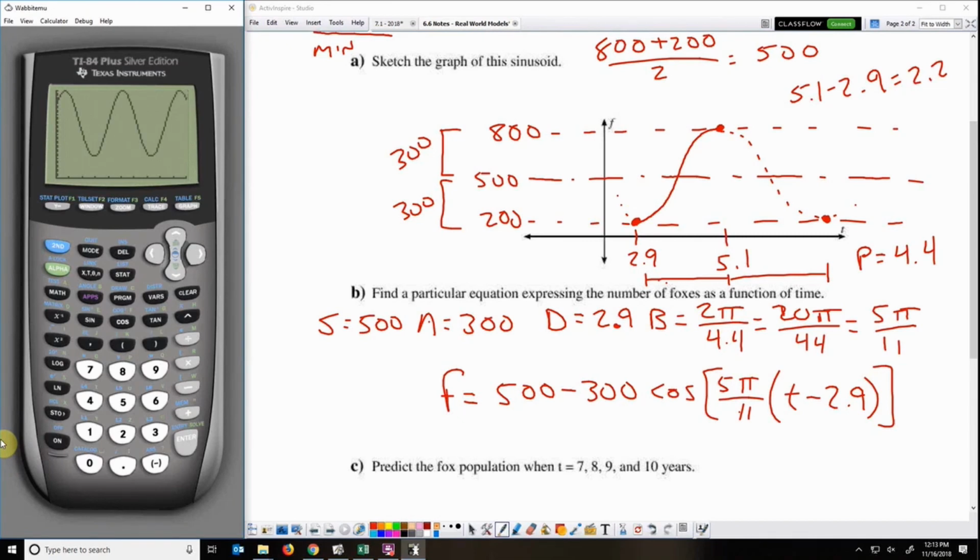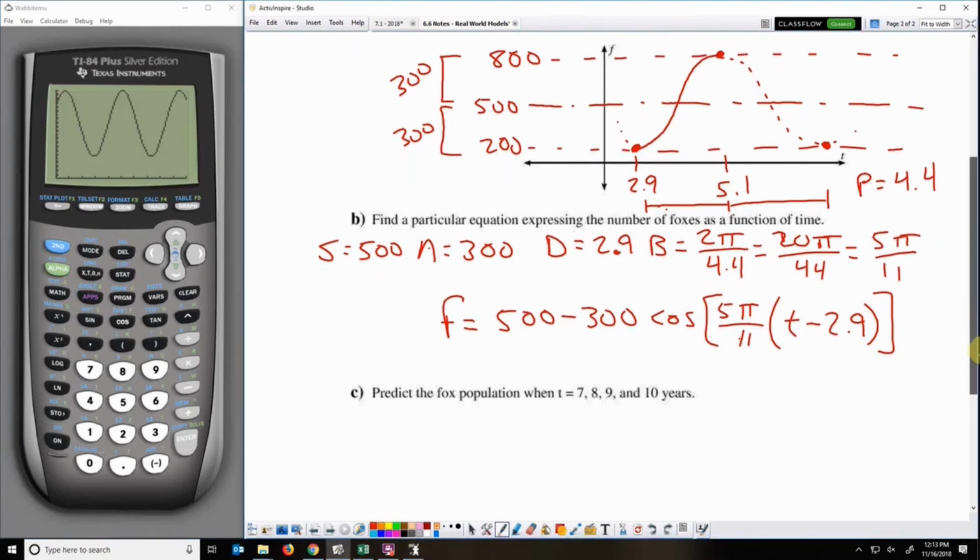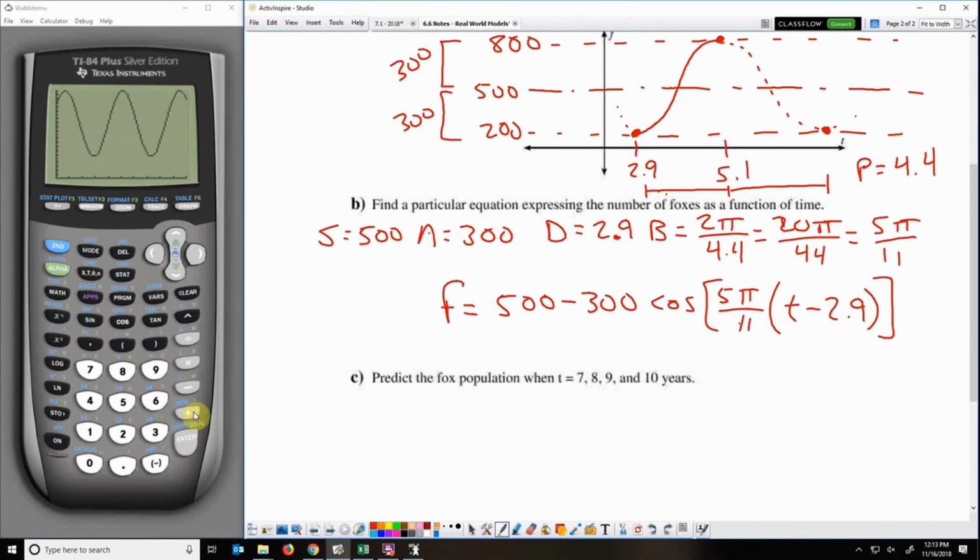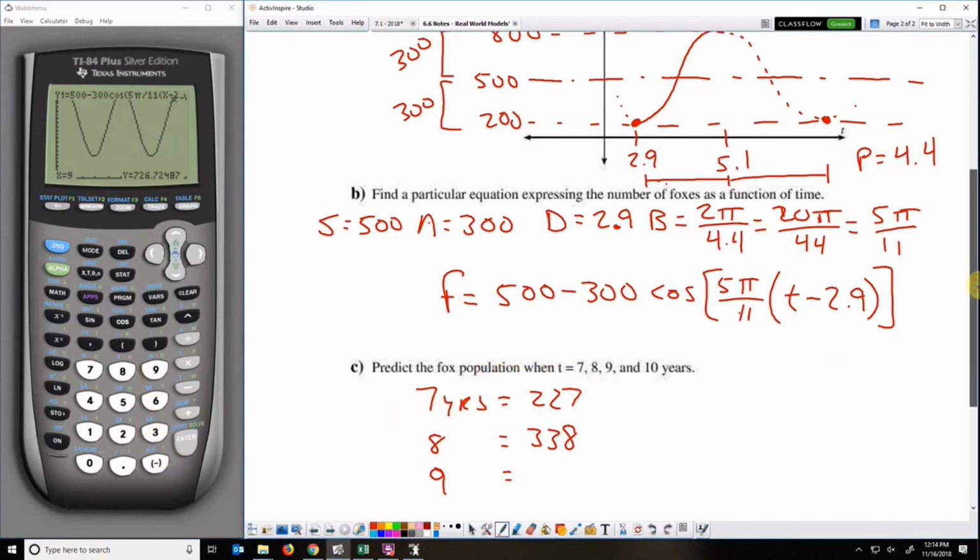So we want a prediction of the fox population at 7, 8, 9, and 10 years. So trace 7, or about 227 foxes. 8 years, 337.8, so about 338 foxes. 9 years, about 727 foxes.